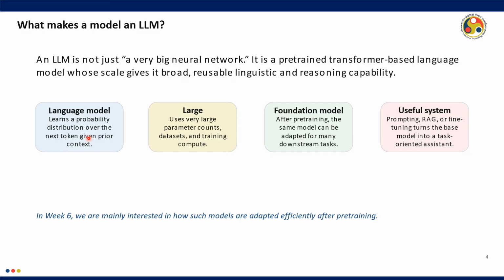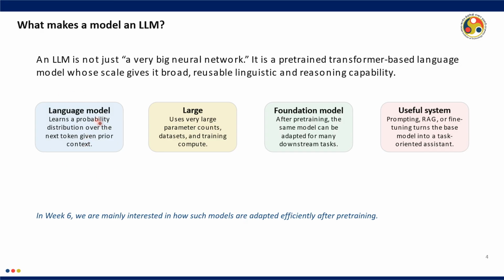So LLMs are trained to predict the probability of the next token, which is either a word, part of a word, or several words together, given the context of the several other tokens based on the history.